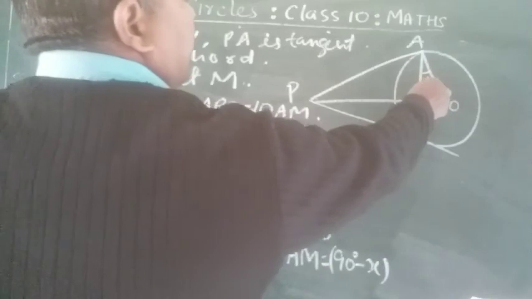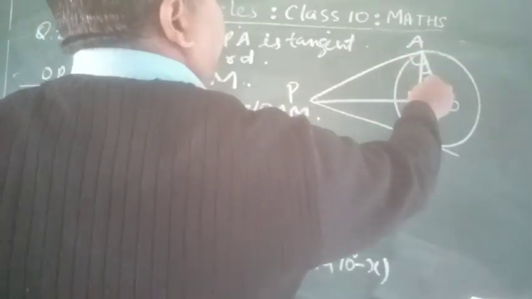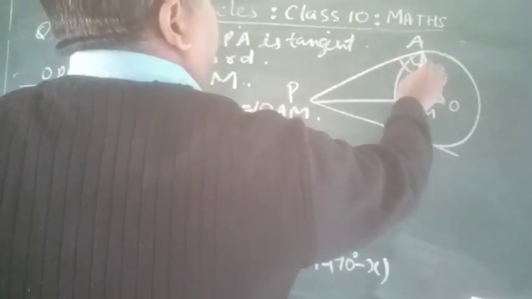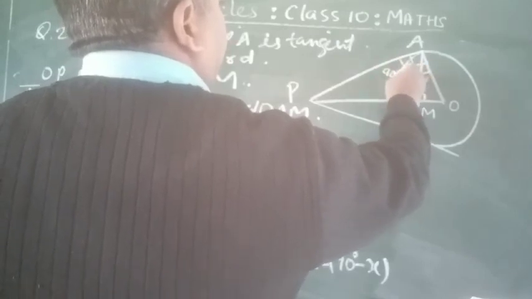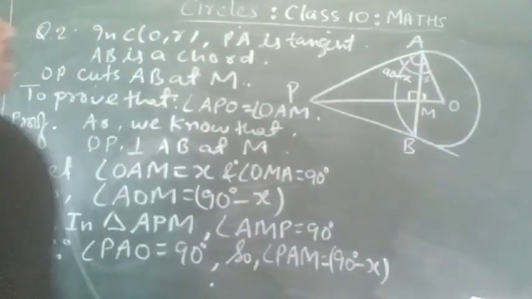It is x and the whole will be 90 degrees, so it will be 90 minus x.